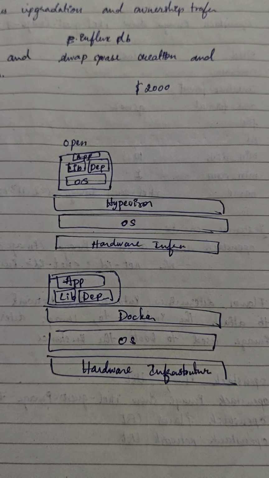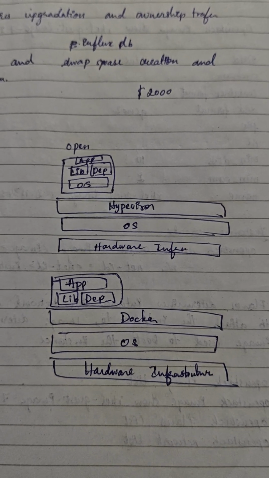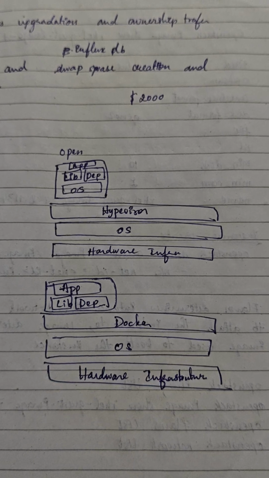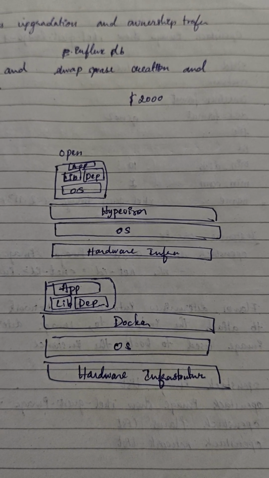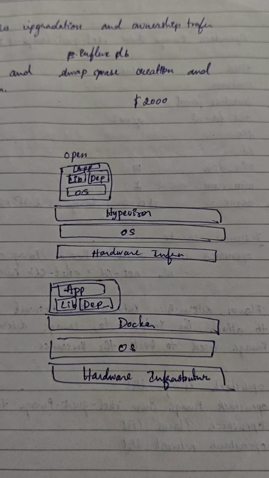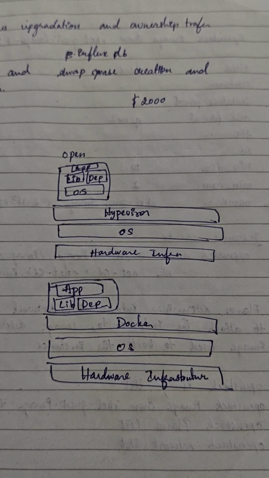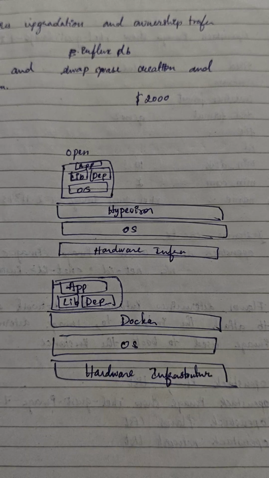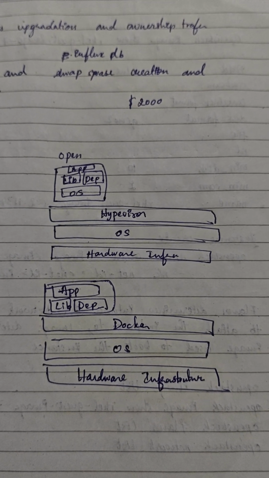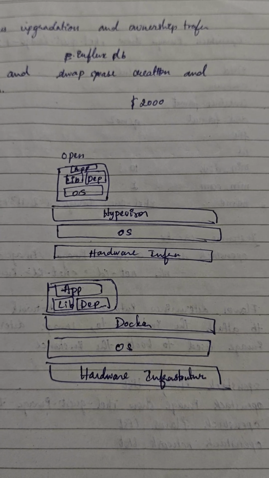That will be very powerful. It will have many memories, many RAMs and such other things in one server. In order to utilize one server properly, we use something called virtualization.